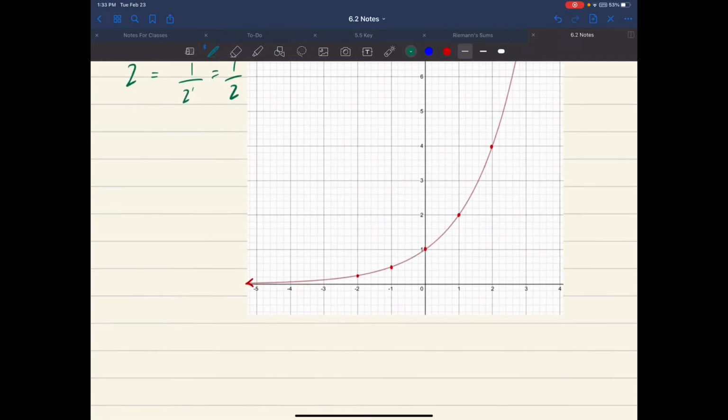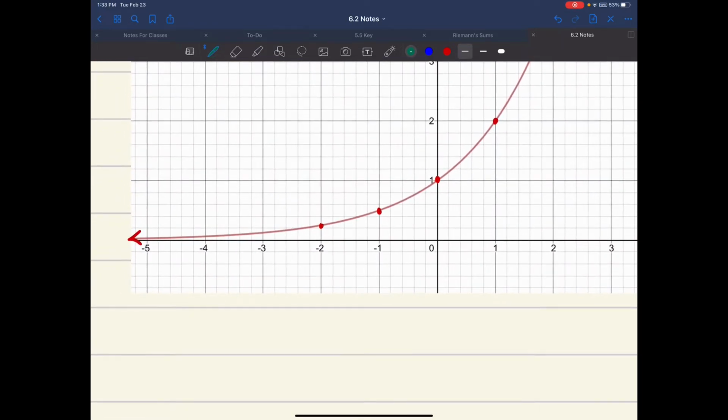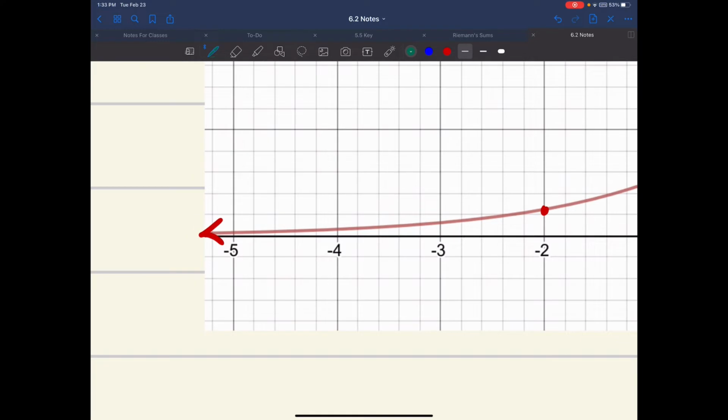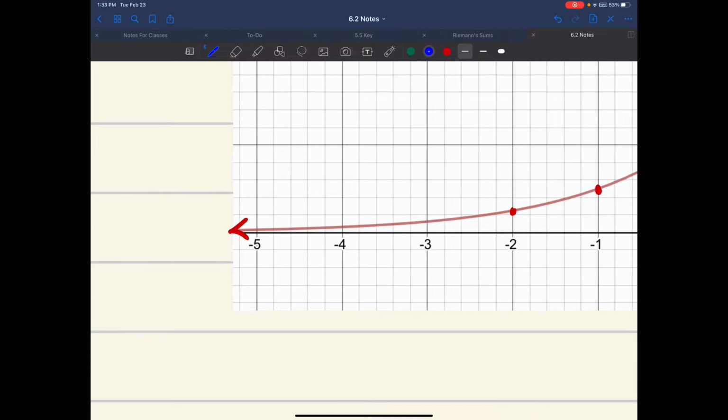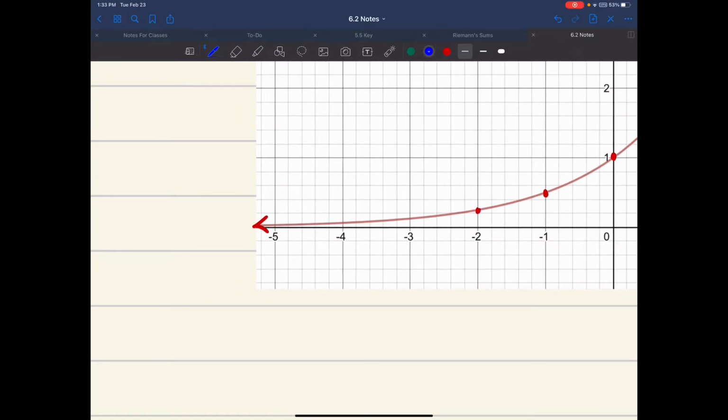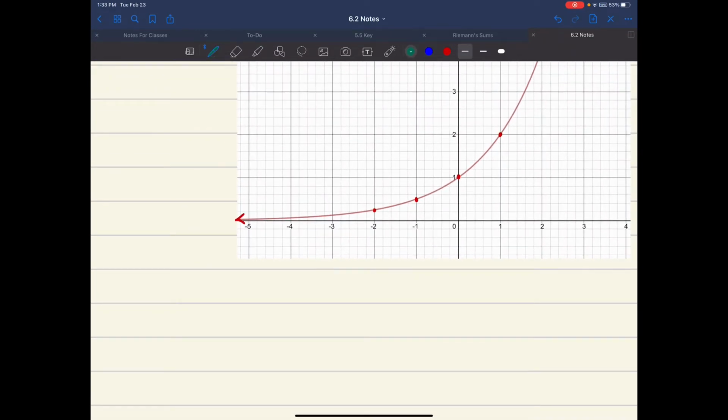Okay, another thing I'd like to look at on this graph, you can see the red line gets really, really close to the axis here, or the black line. And although it looks like it would touch, this will never actually touch the axis. So this is always going to be something above 0. So this is called an asymptote.